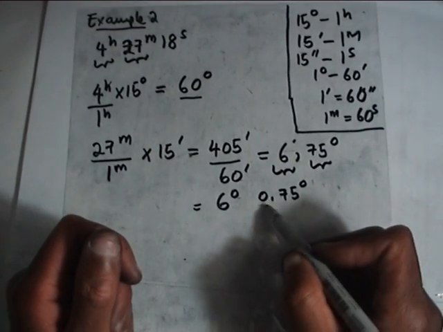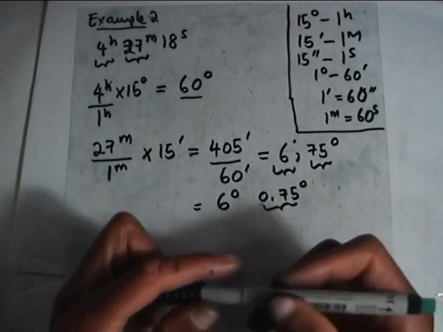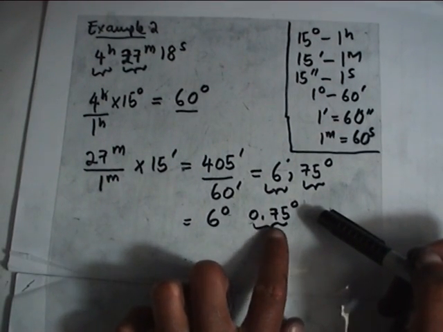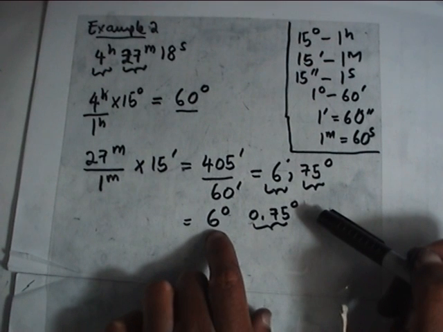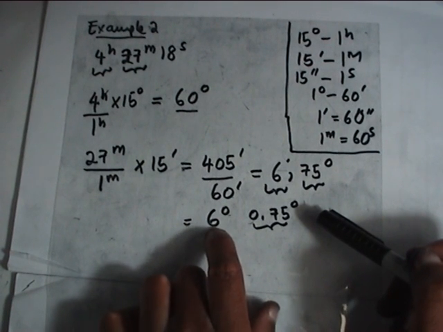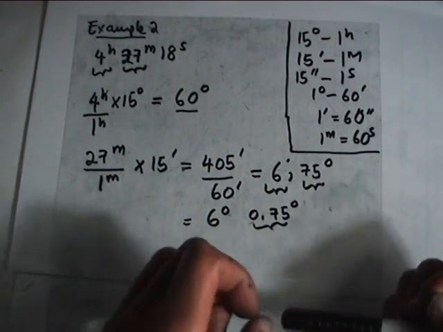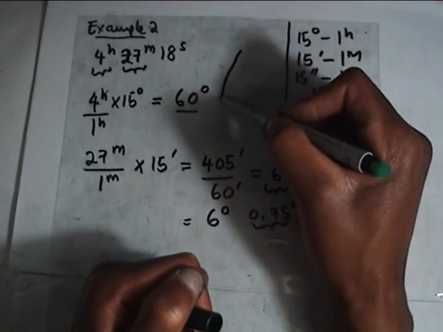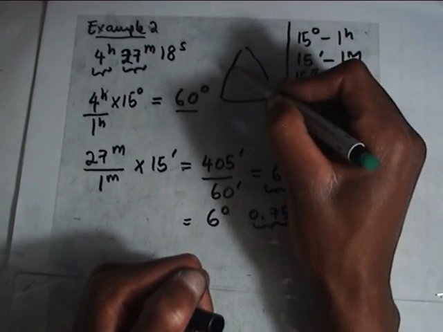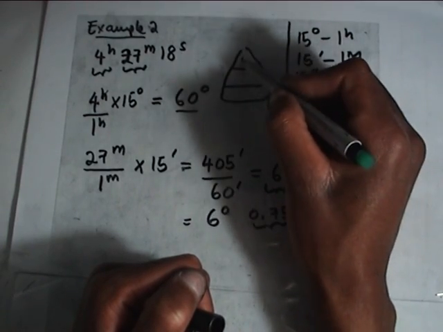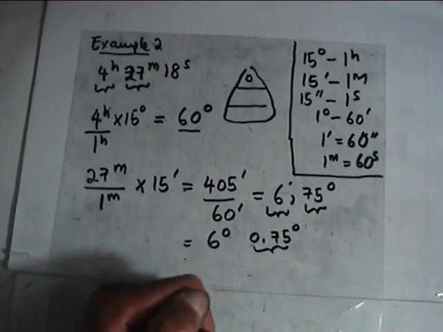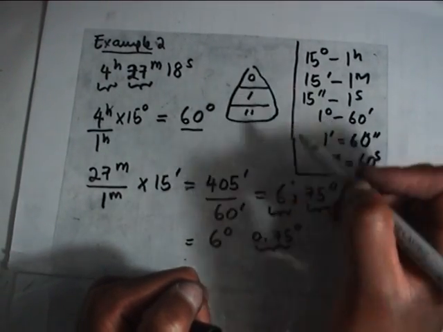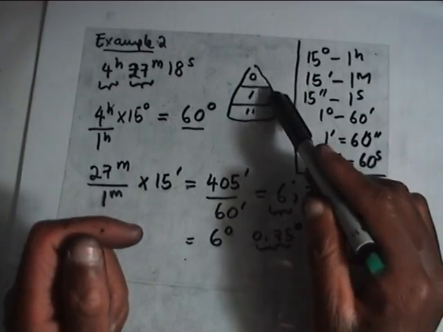But what is 0.75 of a degree? That's one thing we need to ask. Since it's a decimal, it couldn't add up to a full degree. So it is now stepping to the division that is there below. Let's write the pyramid for degrees. The pyramid for degrees is like this. There's going to be the degree on top, followed by the arc minute, and then followed by the arc second.